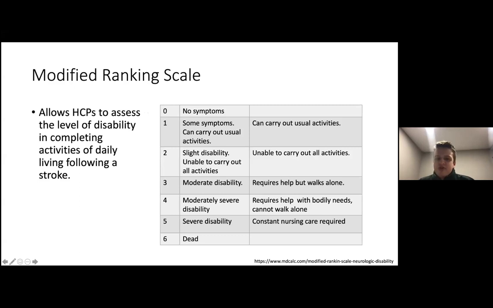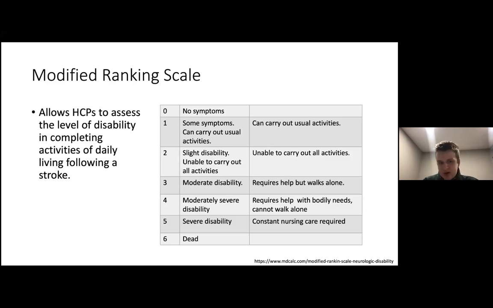So when patients are recovering, this is the modified Rankin scale. It's quite a commonly used scale, and it's for assessing the level of disability following a stroke. Assigning a patient a number on this scale allows healthcare professionals to standardize activities of daily living, so we know the level of disability. 6 is dead, and 0 is they've got no symptoms of their stroke.